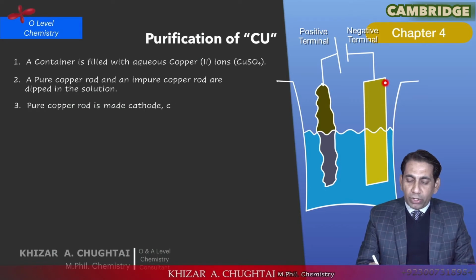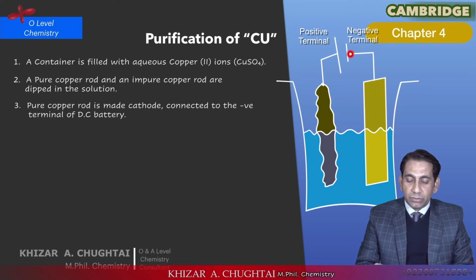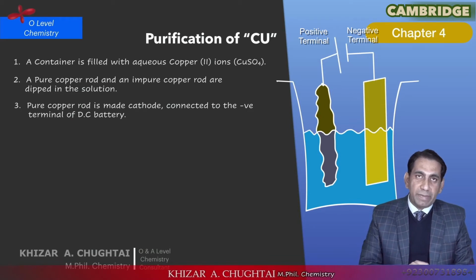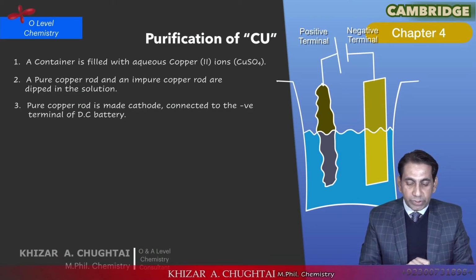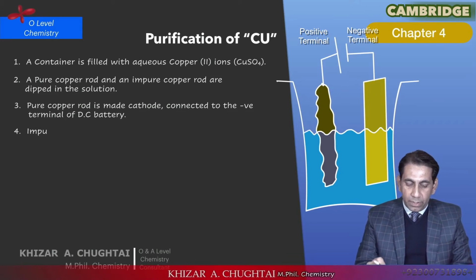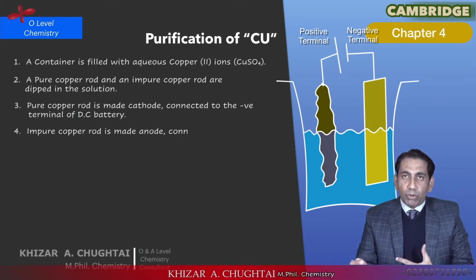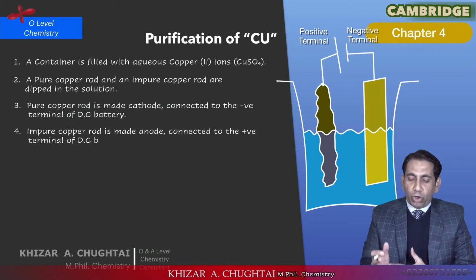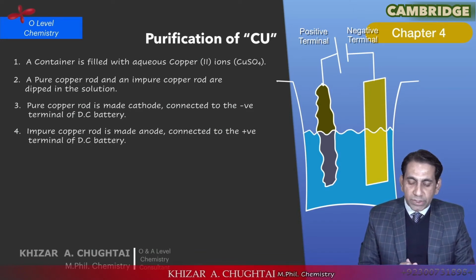This pure copper rod is made the cathode by connecting it with the negative terminal of the battery. And this impure copper rod is connected to the positive terminal of the DC battery. Direct current is used, as you know, in the process of electrolysis. Both rods are immersed into the solution.